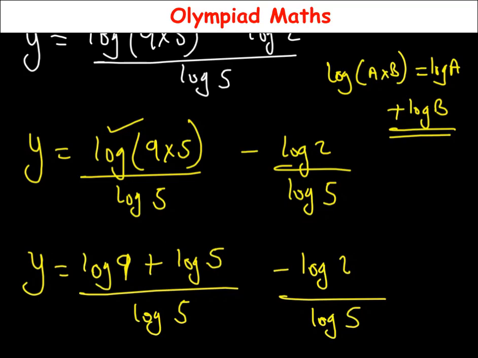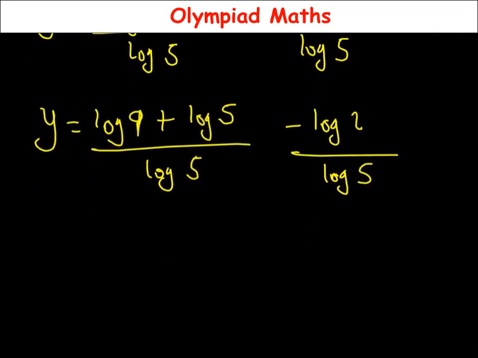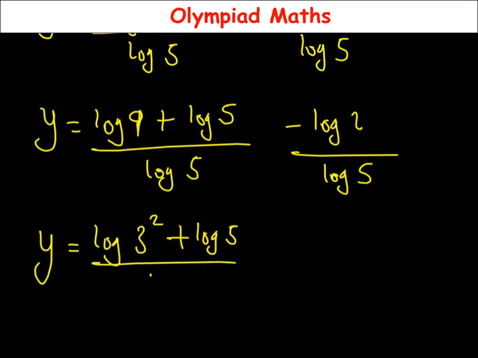So from here, solving this further, right, we can write 9 as 3 squared, so that becomes y is equal to log 3 squared, which is 9, then plus log 5 all over log 5 minus log 2 all over log 5.